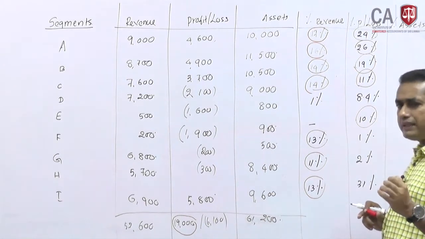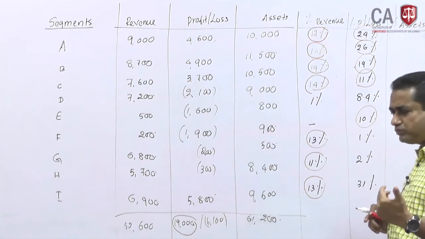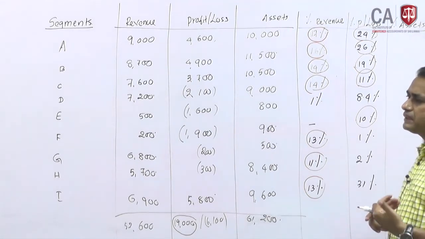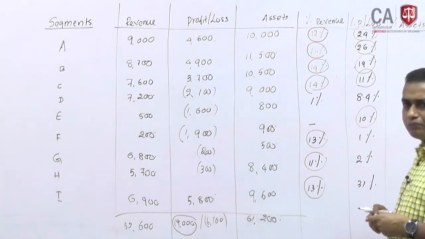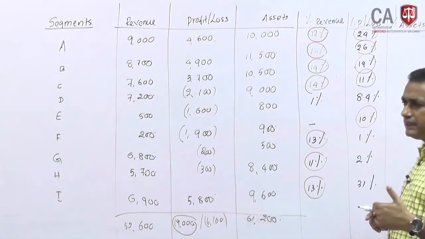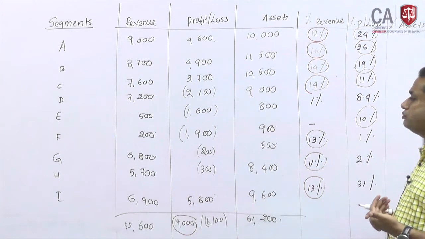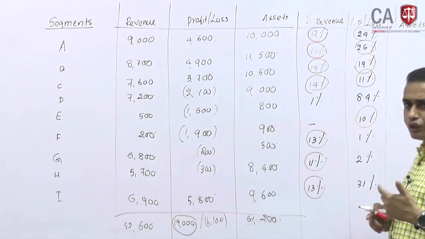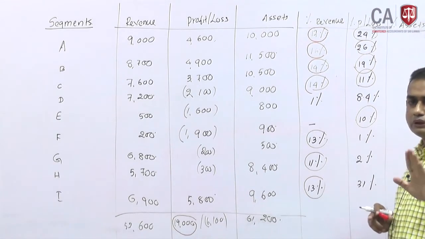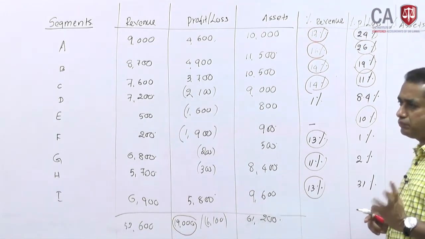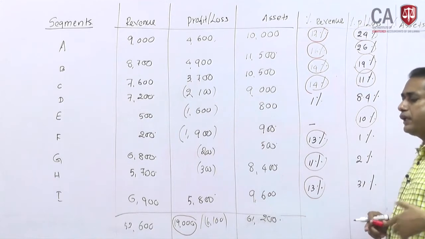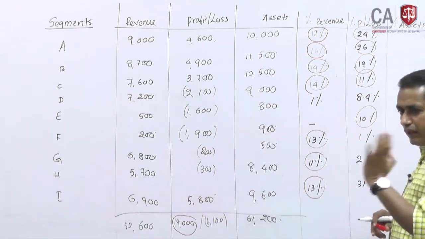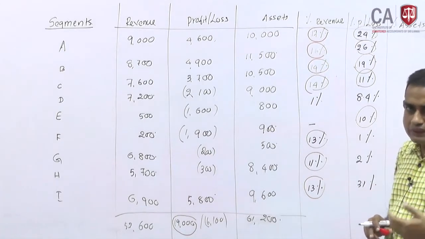So, just because it does not have 10% of the combined profit or loss, does it say that segment G does not become a reportable segment? No. If it becomes a reportable segment once and for all, it continues to be a reportable segment irrespective of whether the remaining quantitative thresholds are satisfied or not.